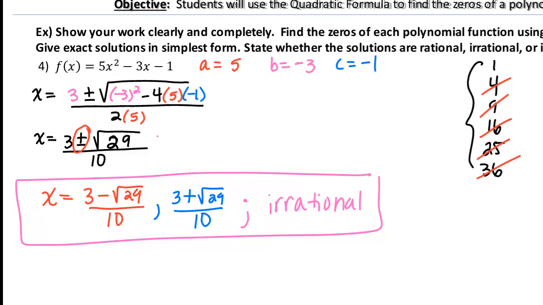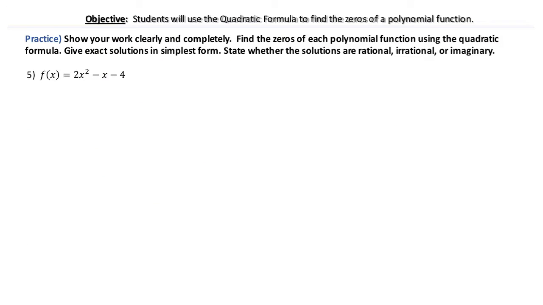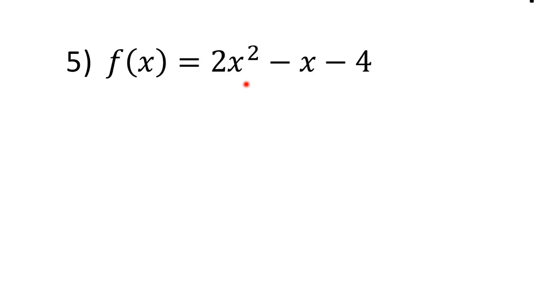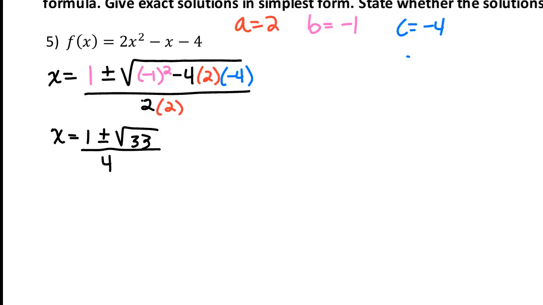Okay, so I want you guys to go ahead and try this example now. For number 5, we got 2x squared minus x minus 4. Okay, so you should have had 1 plus or minus root 33 over 4.